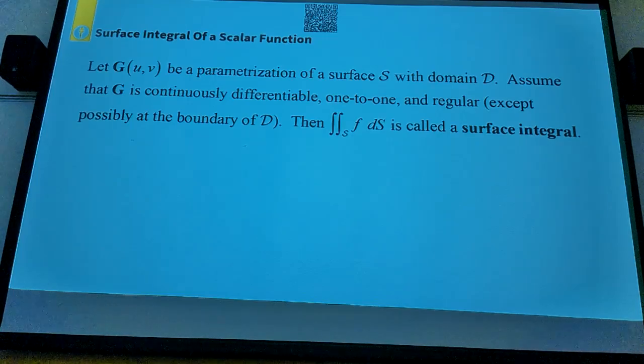Specifically, we're integrating f along the surface of S.